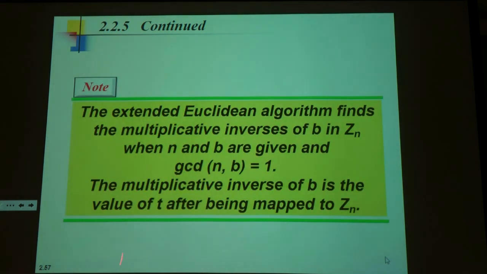All right. The extended Euclidean algorithm finds the multiplicative inverse of b in Zn when n and b are given, and the greatest common divisor of n and b has to equal 1. The multiplicative inverse of b is the value of t after being mapped to Zn.